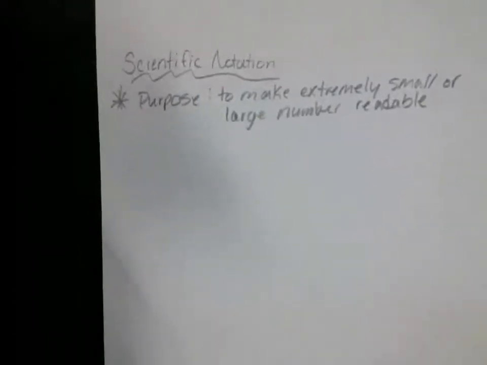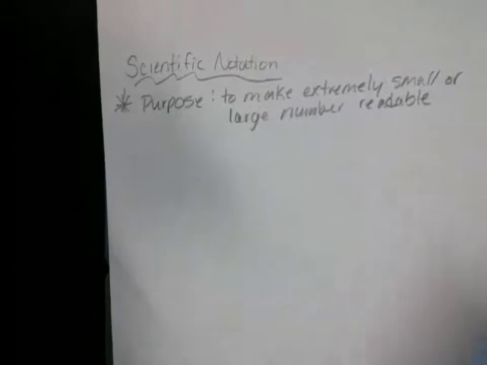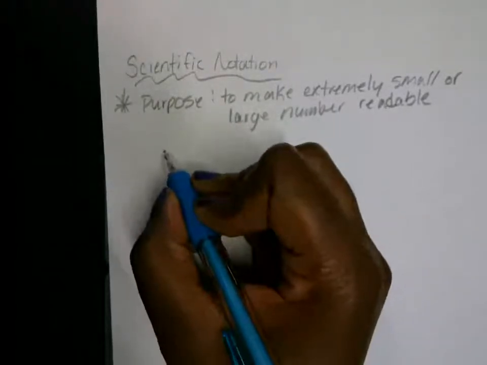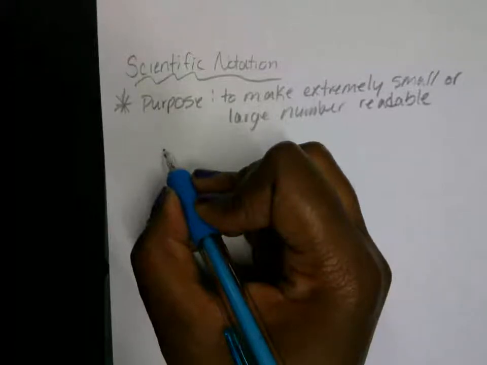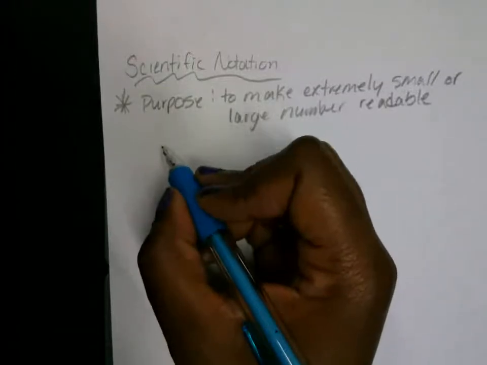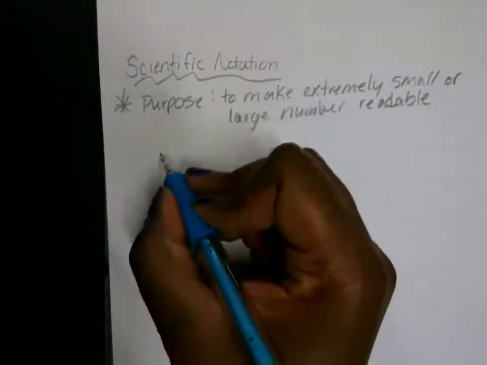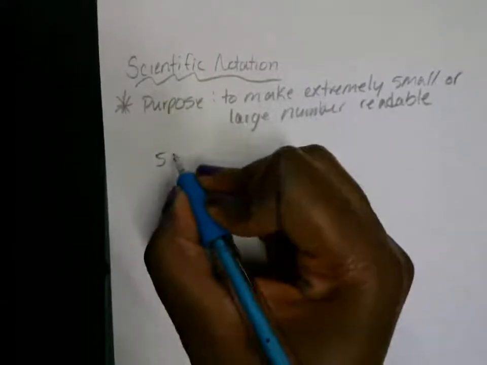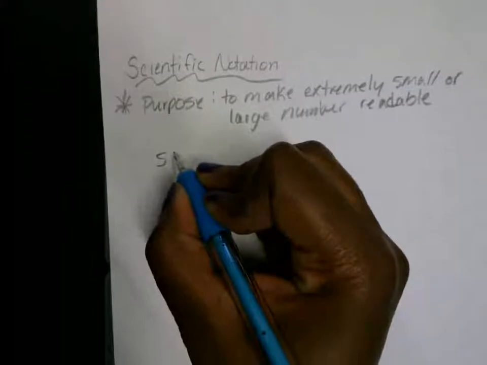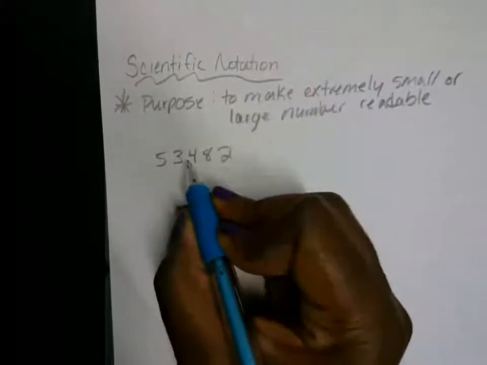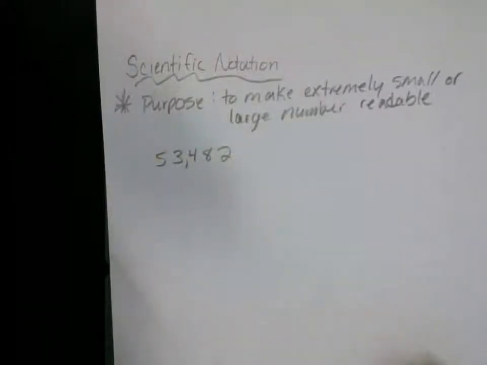All right. An example of what scientific notation looks like: let's start off by writing a regular number in scientific notation. We won't use a big number, we'll use kind of a big number, okay? 53,482.